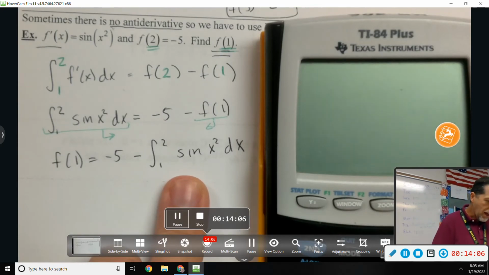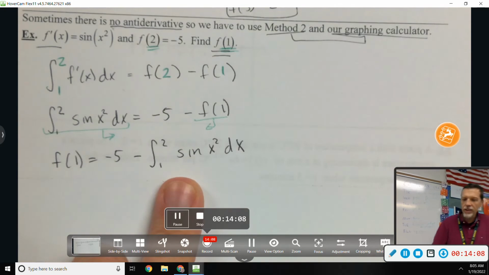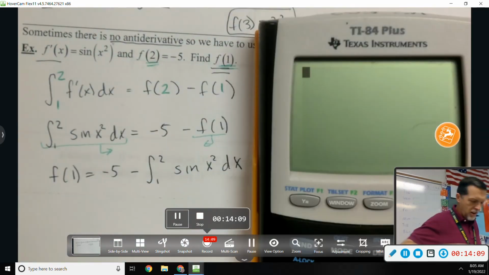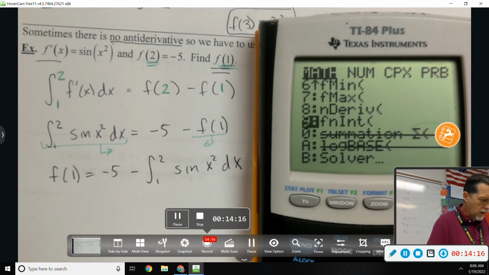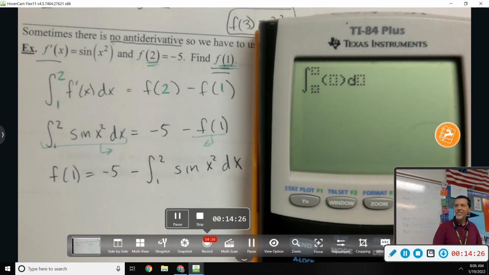So math, grab the calculator, it's dying. So math, and really if you scroll up you get there a lot quicker. Yes, FNINT, function integration. You press that, and if you have the right calculator, it makes it look like it's supposed to look.